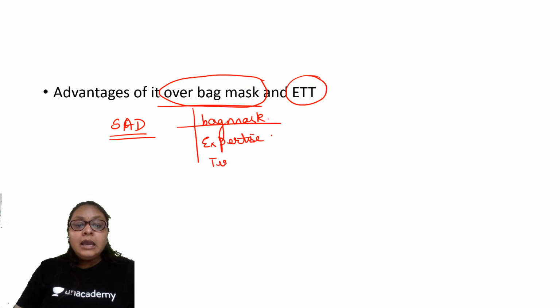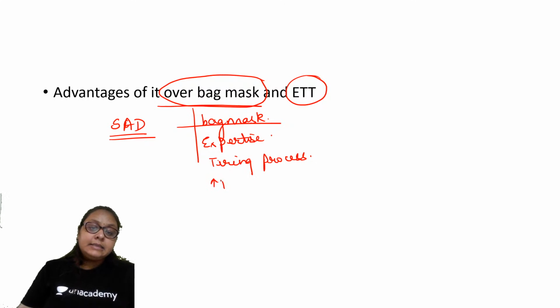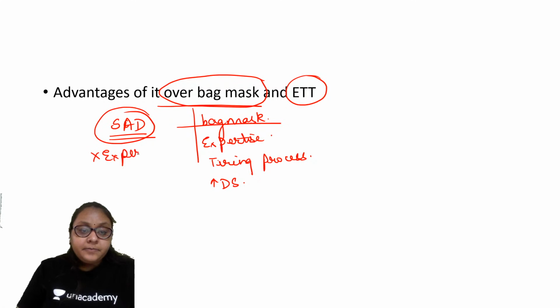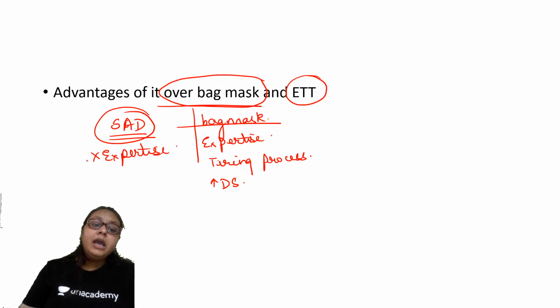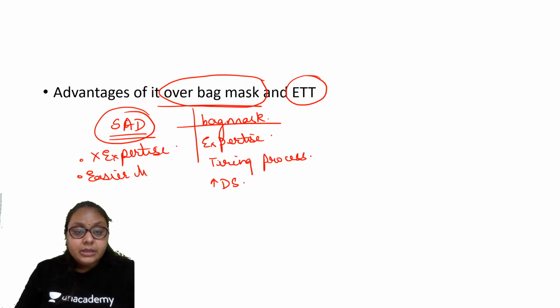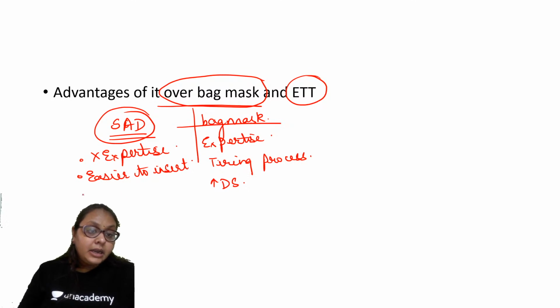Okay, and it is a tiring process, and also it increases the dead space. Whereas supraglottic airway device does not need any expertise. Okay, and it is easier to insert, any paramedical staff can also insert it, and through this we can also intubate the patient.